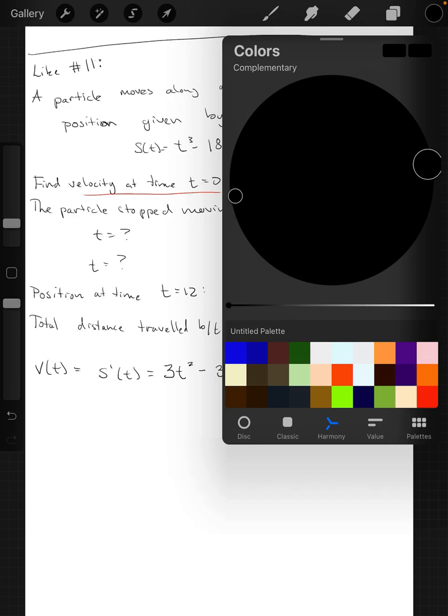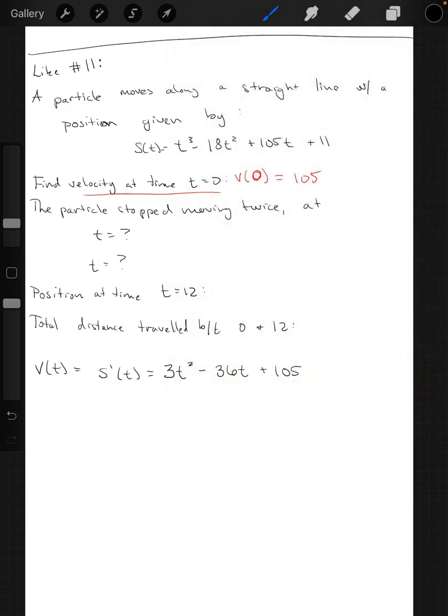V of 0 is pretty easy to find, or 0 of any function is pretty easy to find for a polynomial. So stopped moving here means that the velocity is 0, because whenever you're not moving, the velocity is 0. So if we want to solve when this polynomial is equal to 0, we probably need to factor it. First off, I notice that I can pull out a 3.